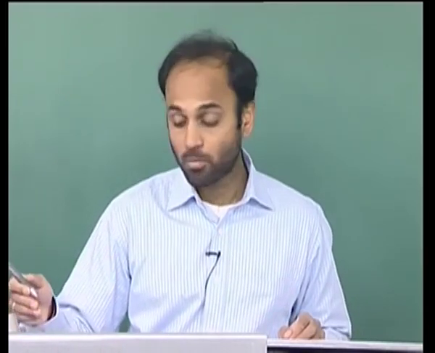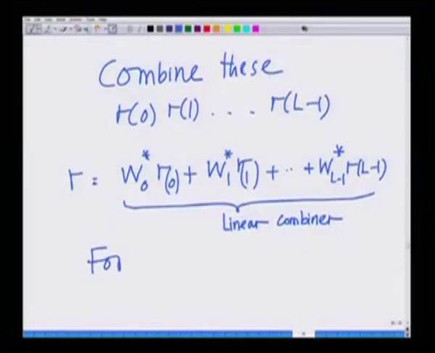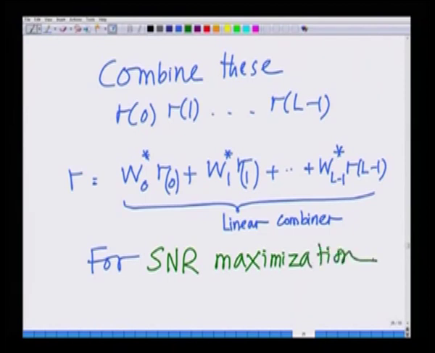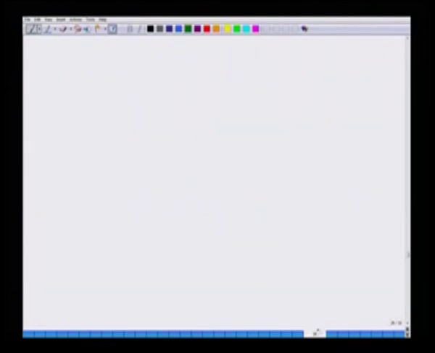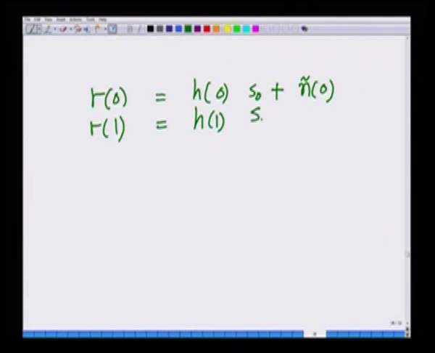So, the linear combiner for SNR maximization is nothing but the maximal ratio combiner, which is given as W equals H divided by norm of H, where the system model is now given as R0 equals H0 into S0 plus n tilde of 0, R1 equals H1 into S0 plus n tilde of 1, and so forth.